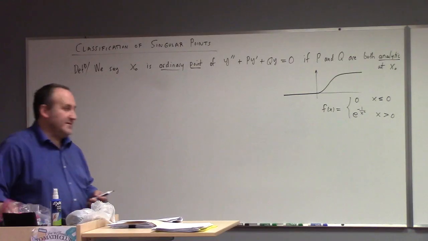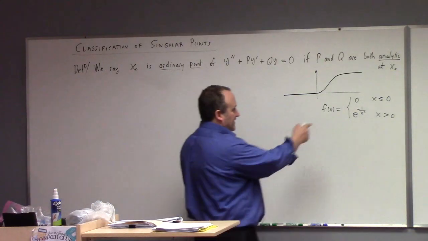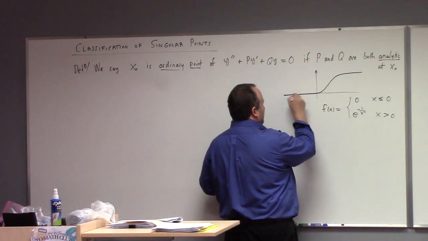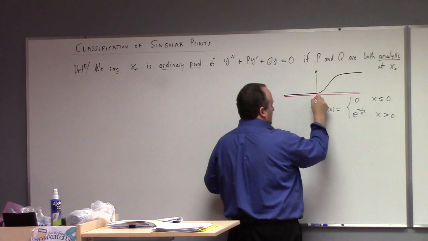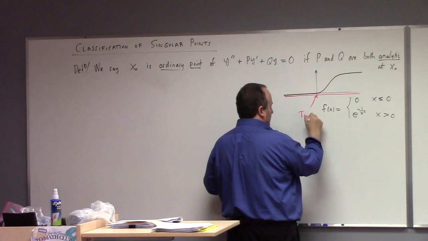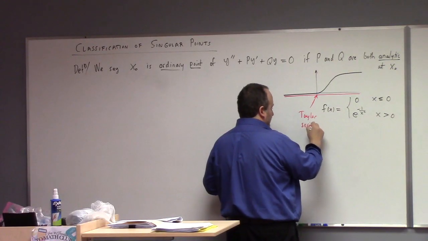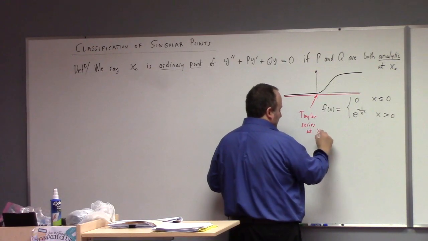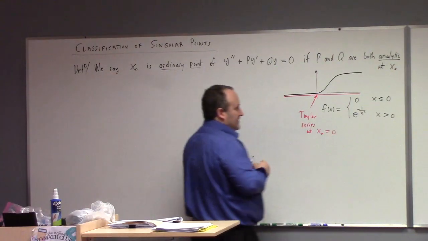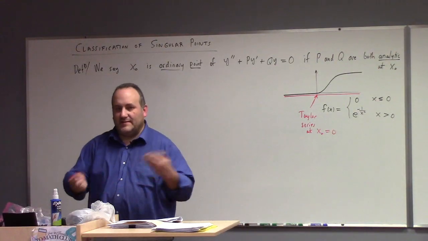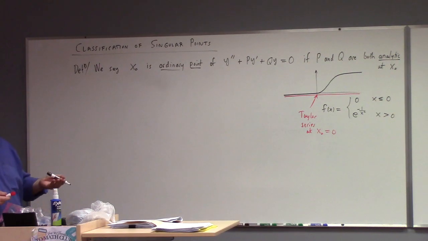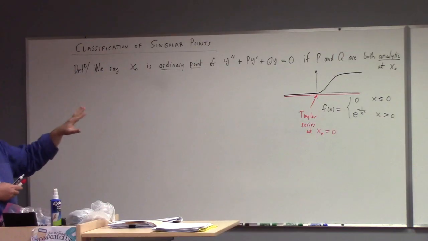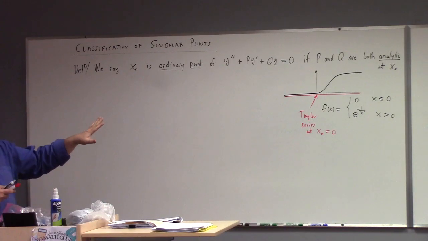The graph of the Taylor series at x naught equals 0 is identically 0, and of course that does not represent the function, which is quite clearly non-zero on an open neighborhood of the origin, right? So this is the quintessential function which is smooth but not analytic.